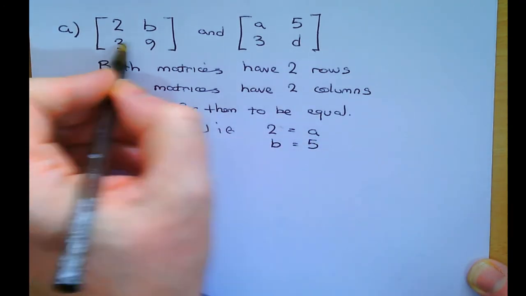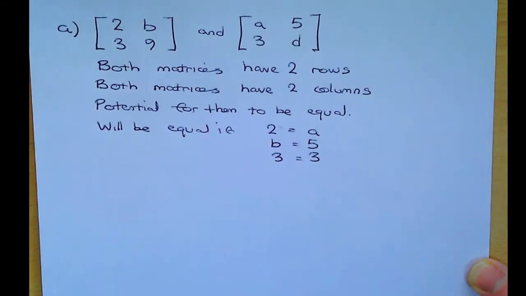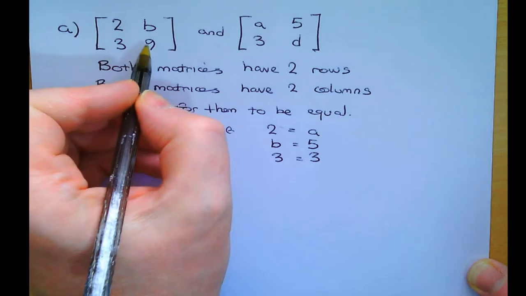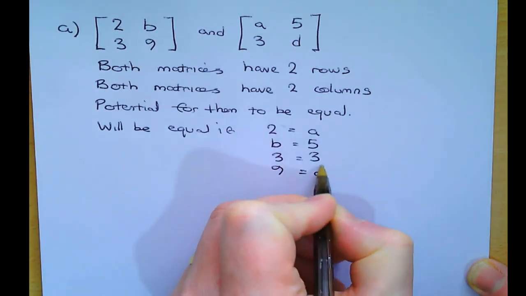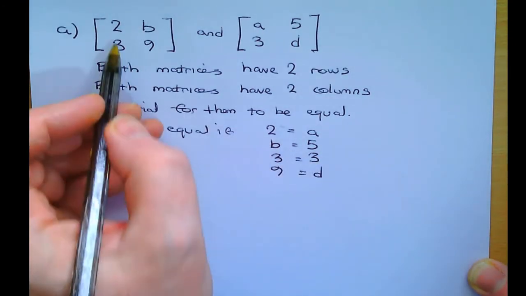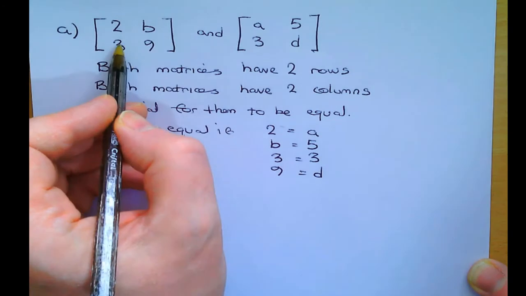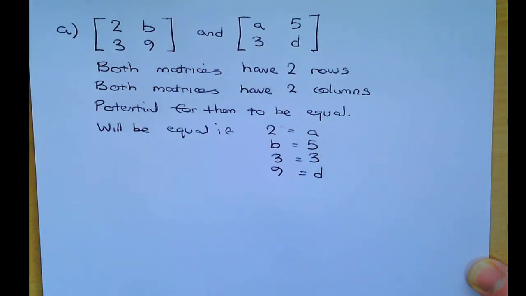We will need 3 to be equal to 3. Well, we see this one is achieved. And 9 to be equal to D. We could have fallen at this hurdle when we were equating the two entries that were both already numerical, but they are the same number.